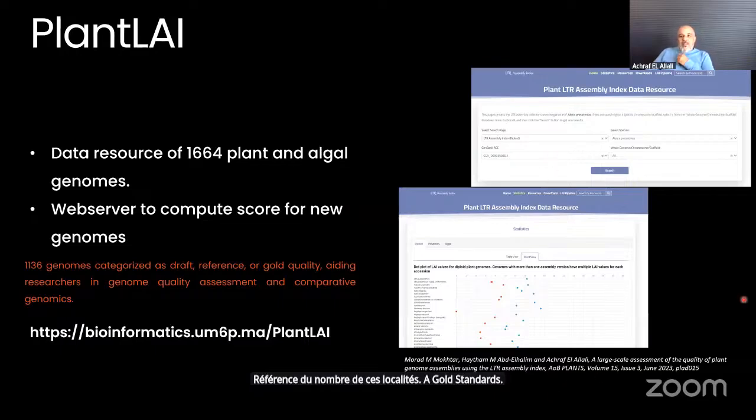We assessed about 1,644 plant genomes and pre-computed them, because once LAI came, anything that was submitted before, people didn't know how good that plant genome is. They can still access the traditional scores of quality, but for plants, the LAI value gives a much better understanding of the quality of genome assembly.